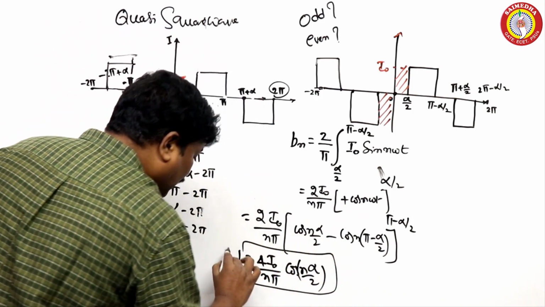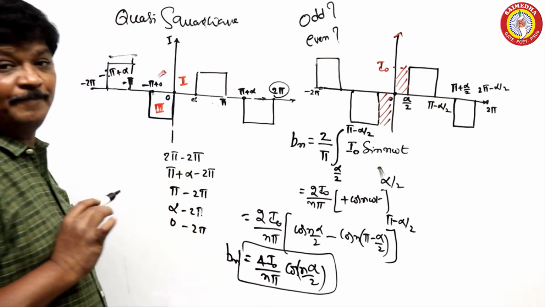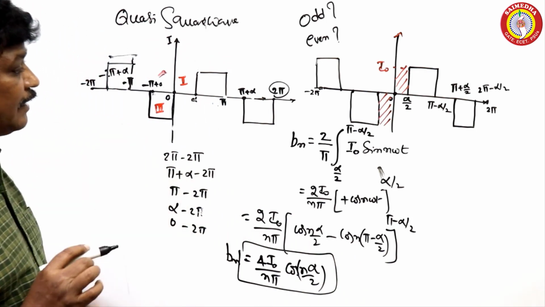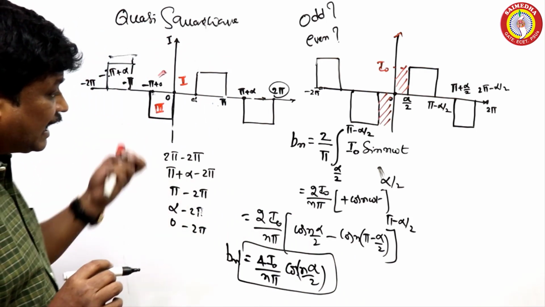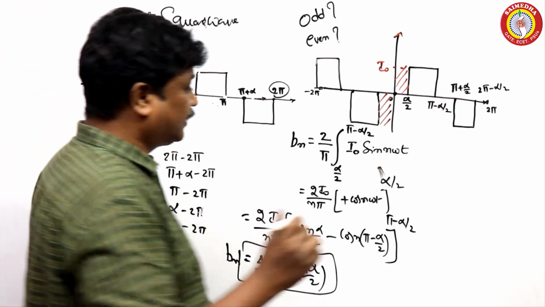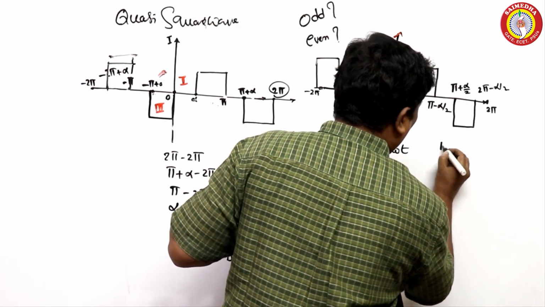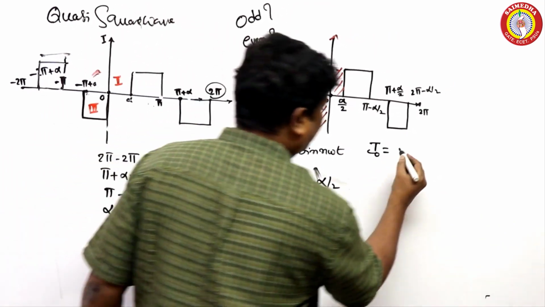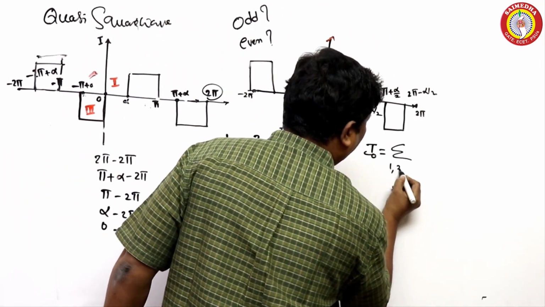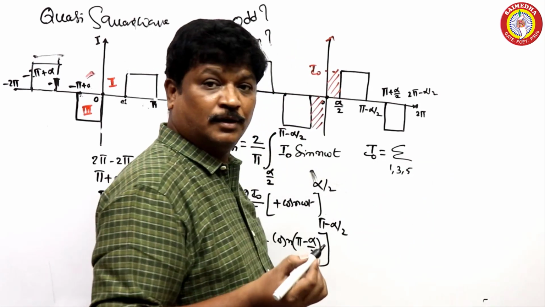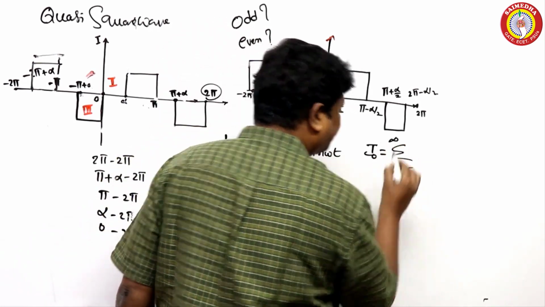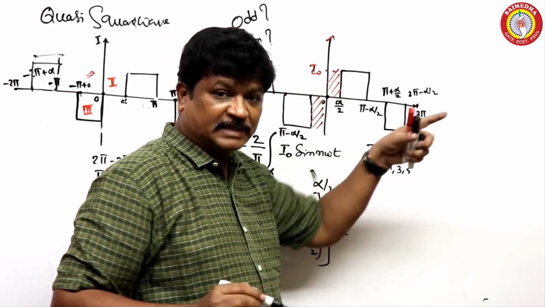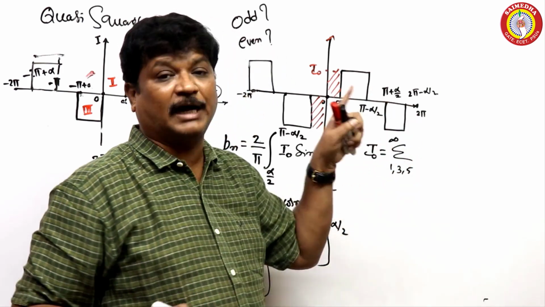What is this output? Not the entire output, you got only Bn. But how to get the output current I naught? So I think you know I naught is equal to, what is the expression? I naught is equal to sigma n equals 1, 3, 5 up to infinite. I am not writing 2, 4, something like that, because it consists of only odd harmonics.